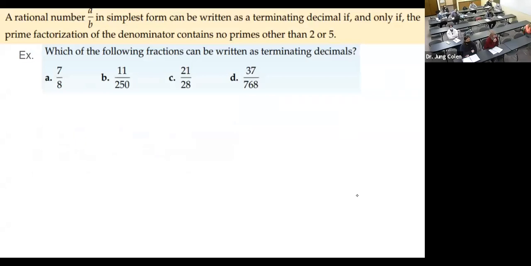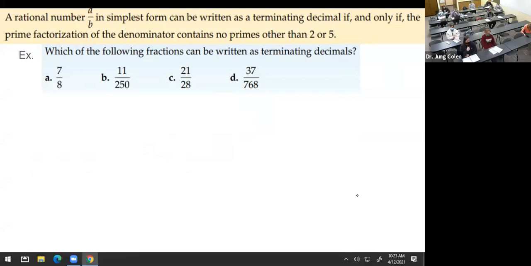Can you think about this then? Which of the following fractions can be written as a terminating decimal? 7, 8, 11, 750, 21 over 7, 37 over 7, 62. I will give you about 2 minutes, maybe less than 2.